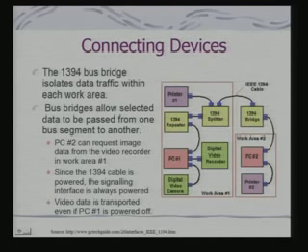In fact, we have seen that also for the bridges that we use in the bus architectures. So, what does that mean? That means I can have communication in work area 1 independent of the communication in work area 2, but at the same time I can also communicate between the two work areas. So, bus bridges allow selected data to be passed from one bus segment to another.